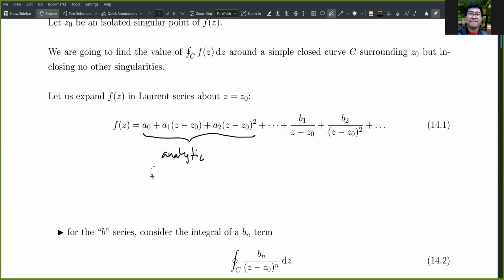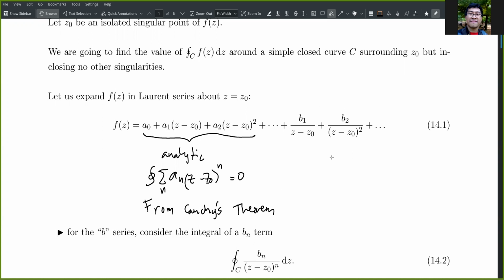So if you take the integral of these terms, the sum over all n of a_n (z minus z0)^n, this is equal to 0 from Cauchy's theorem.